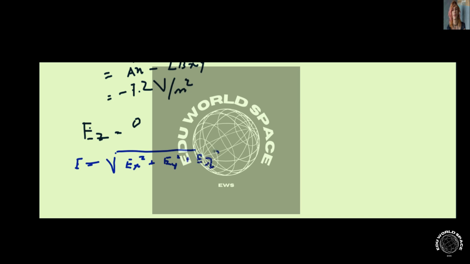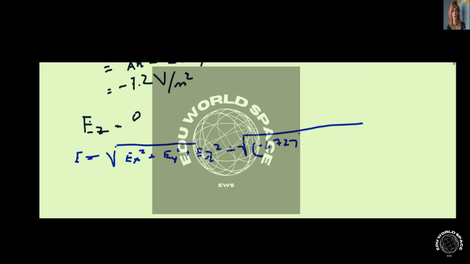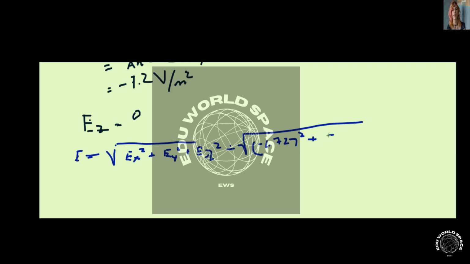Now if we substitute the values that we just computed above, we get negative 6.72 squared plus negative 7.2 squared, and since it's 0 for EZ, we don't need to write that down. Now if we compute this in our calculator, we're going to get that the net electric field is 9.8 volts per meter.